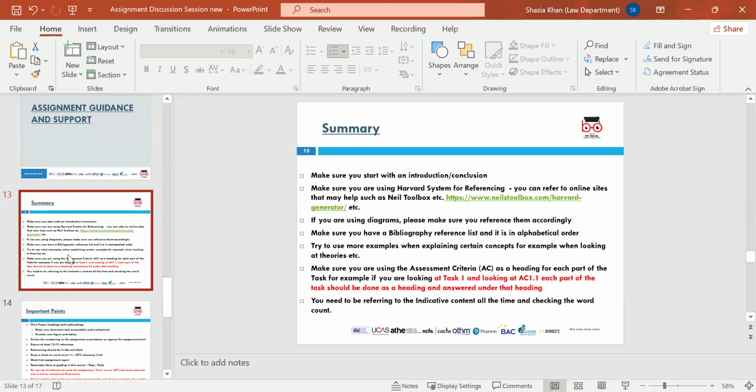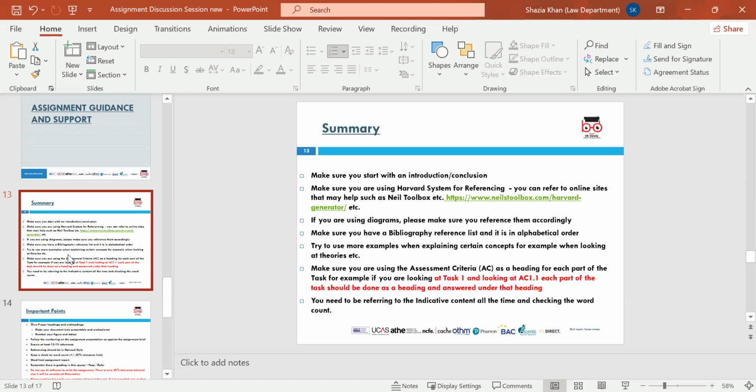Your introduction can only be a couple of lines, maybe 3, 4, 5 lines, not too much. Make sure you use Harvard referencing, and the Harvard referencing that we've got is the one on Neil's toolbox, which I've put a link there for you as well.